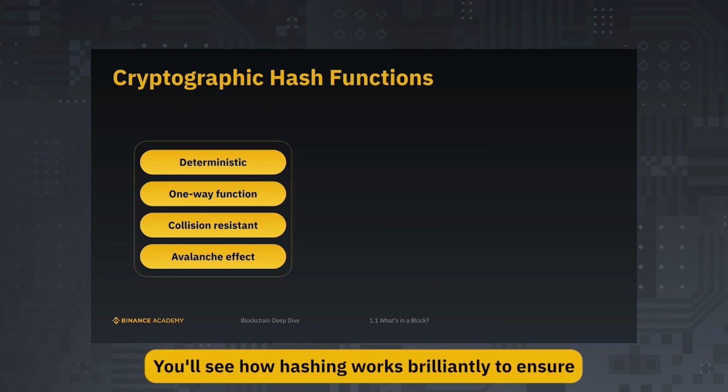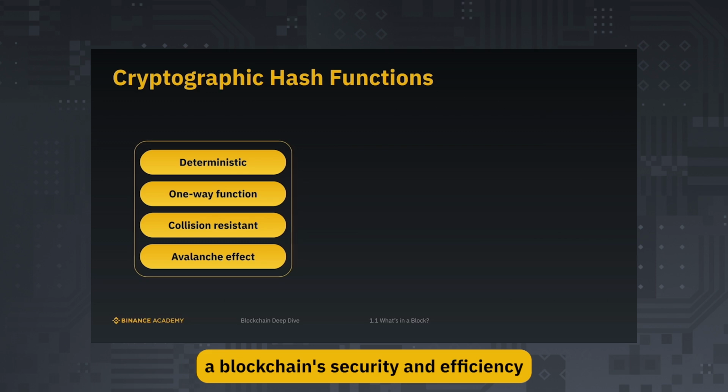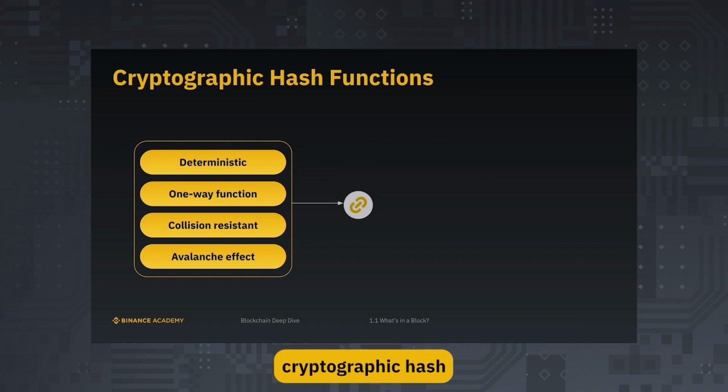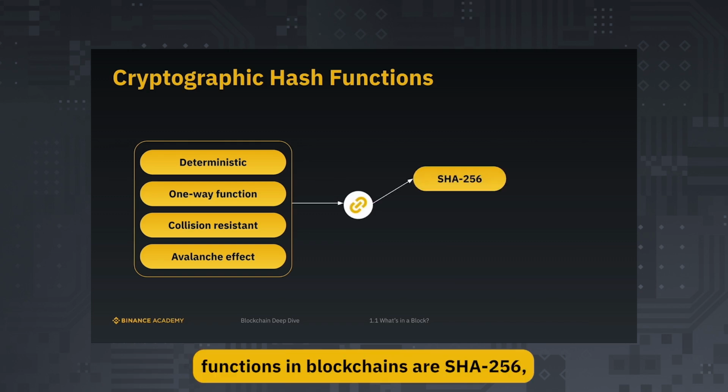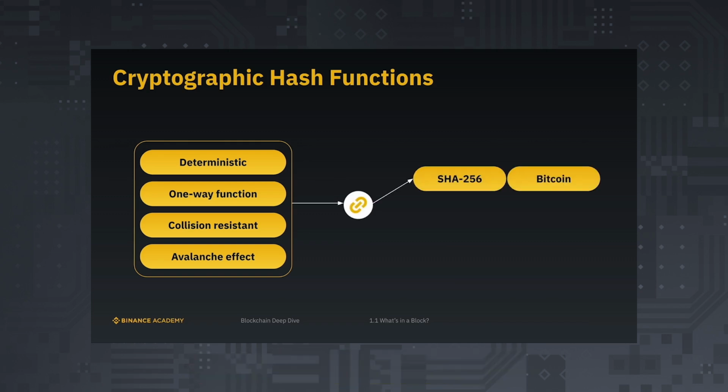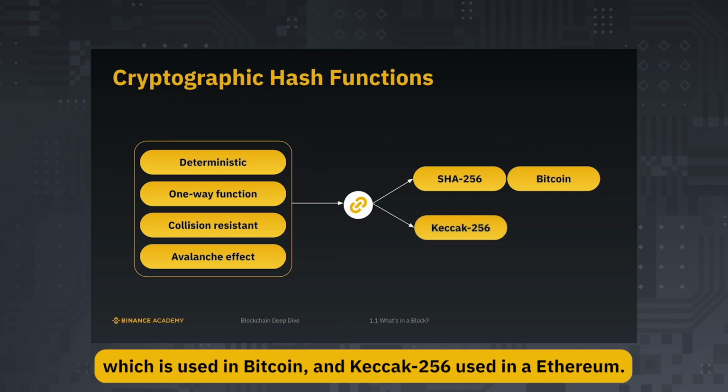You'll see how hashing works brilliantly to ensure a blockchain's security and efficiency as we go through the next few modules. The most commonly used cryptographic hash functions in blockchains are SHA-256, which is used in Bitcoin, and Keccak-256 used in Ethereum.